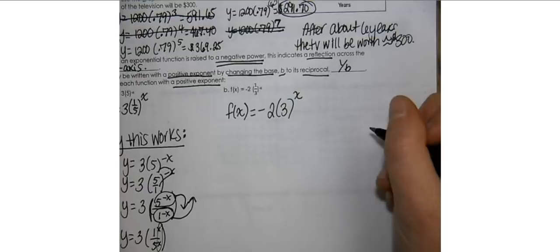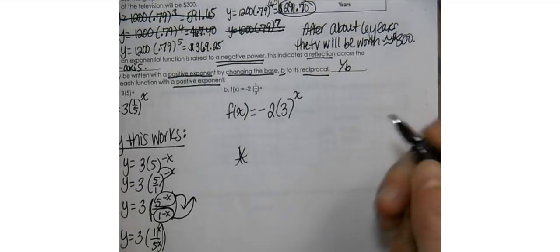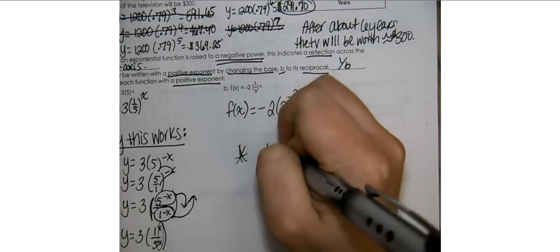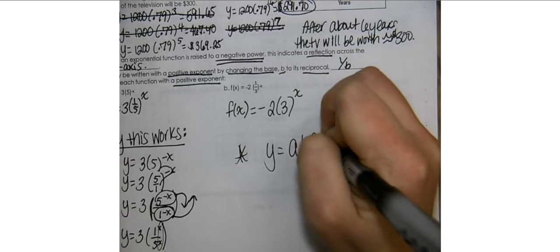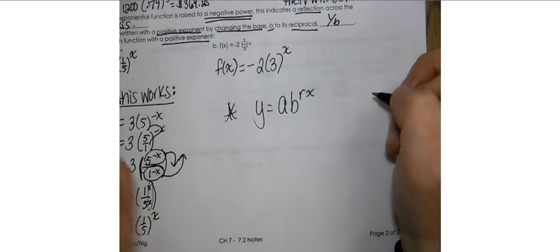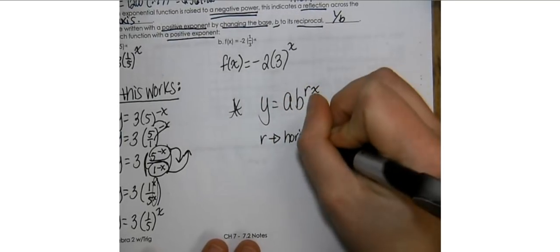So here's why it's important. We're going to have functions where you're going to see something like y is equal to a times b to the rx power. And that r represents a horizontal shrink or a horizontal stretch. So the r value indicates a horizontal shrink or stretch.